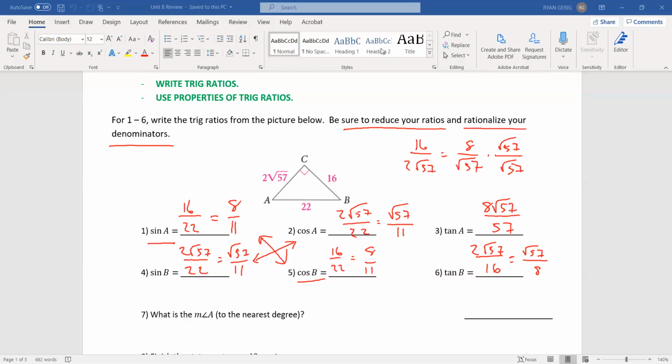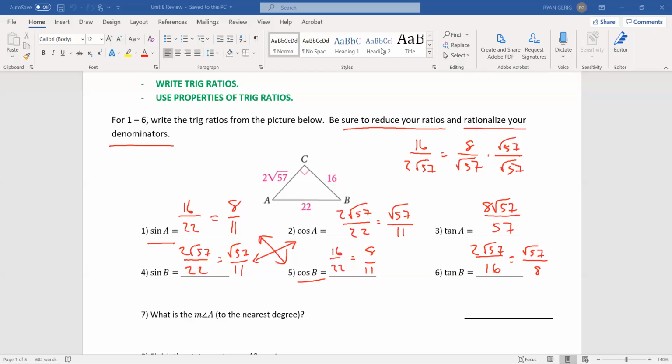All right. What is the measure of angle A to the nearest degree? Now, you can use any of the first three problems really to set up your equation. I would go with the smart choice here, the one without the radical. You don't have to. You could do the radical and get the right answer. It's just going to be harder to type in your calculator.